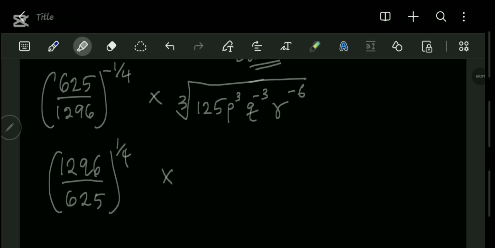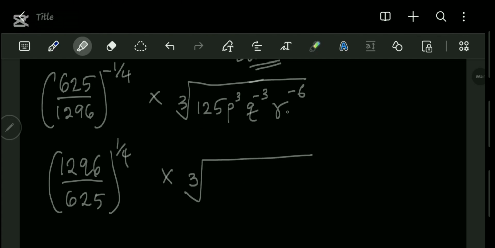Multiplied by, I've always told my students that whenever you have an expression this way, that is numbers combined together with letters, separate everything, that is, make the sign in between each term visible, right? I'm having the third root of, and the sign in between everything here is multiplication. What I'm saying is the sign in between the 125 and the p cube here is going to be multiplication.